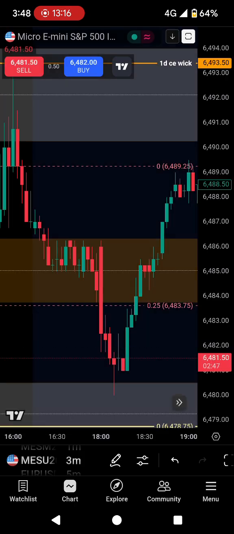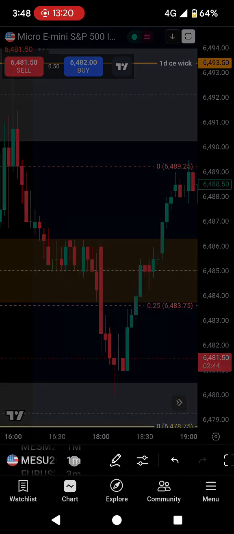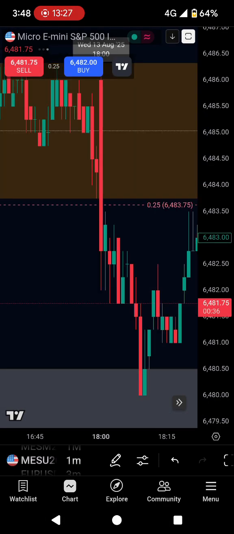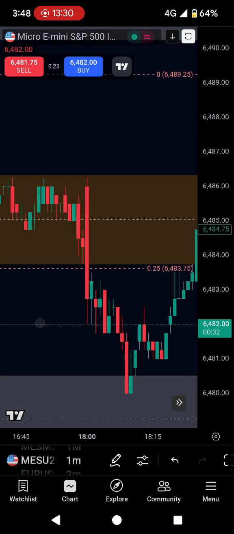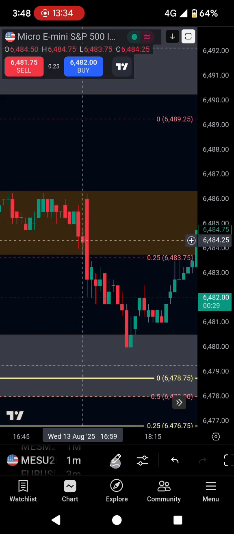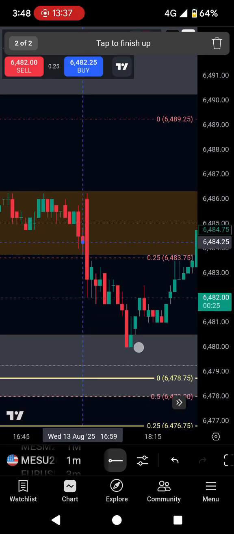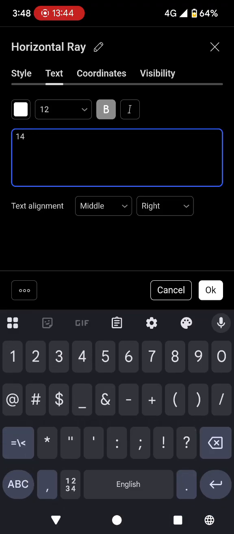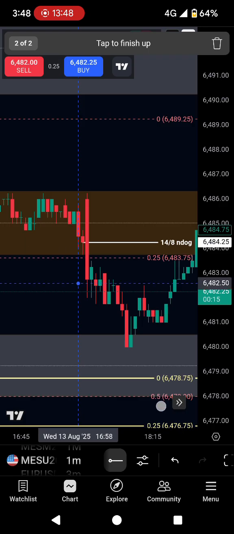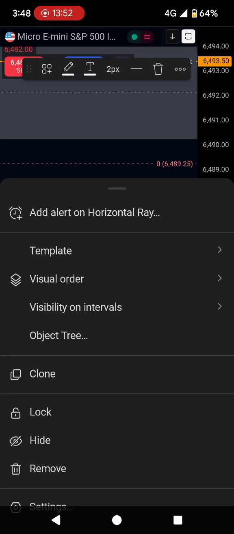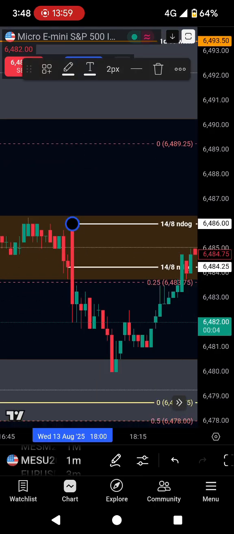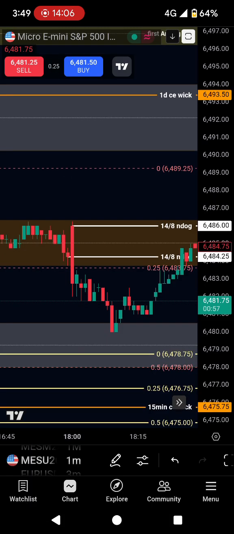Just draw the end dog out. So closing price here, so this is the 14/8 end dog.